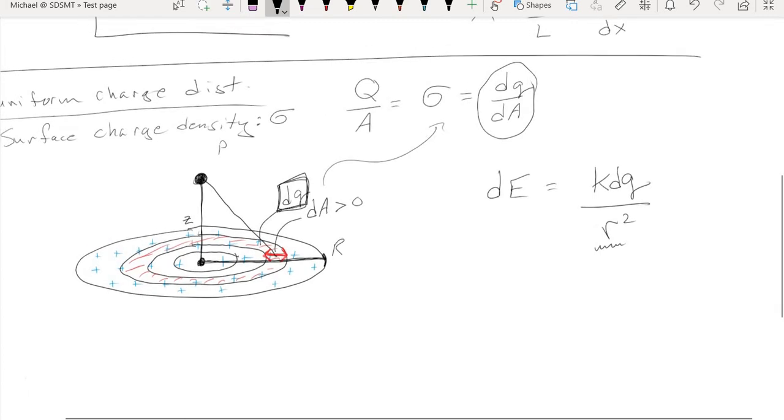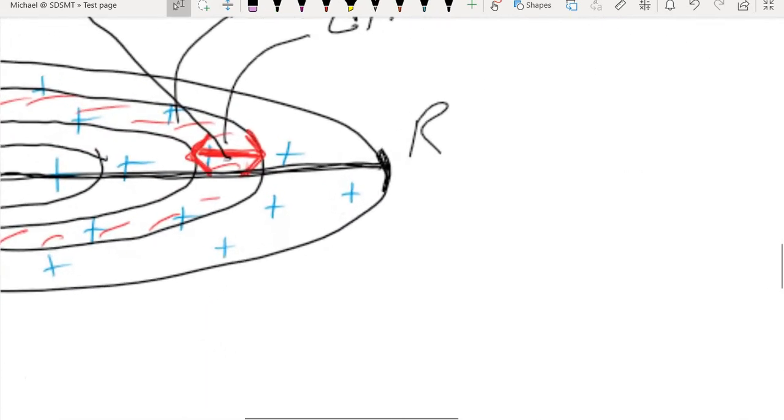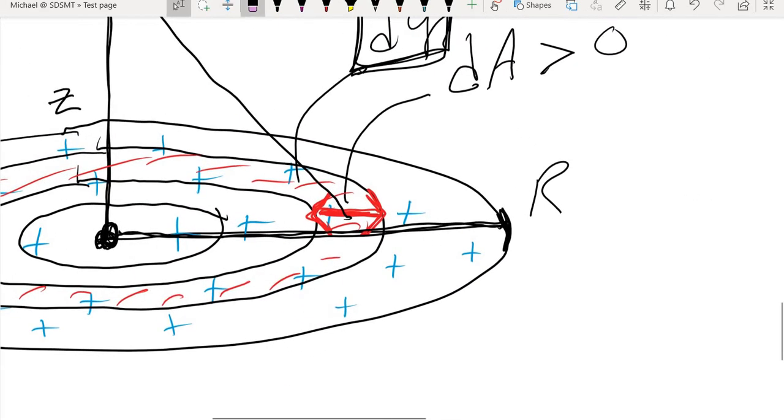I actually want to save little r to measure the changing radius of the rings that we're making. So this infinitesimal ring of charge that we're going to be using has an inner radius value right here, which we could call little r.